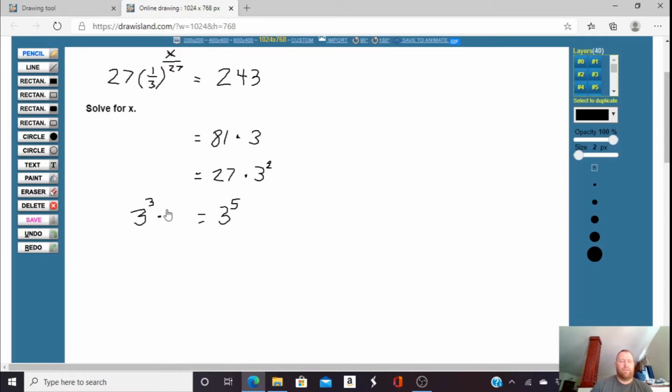Okay, we're multiplying it times 1/3 raised to the x over 27 power.